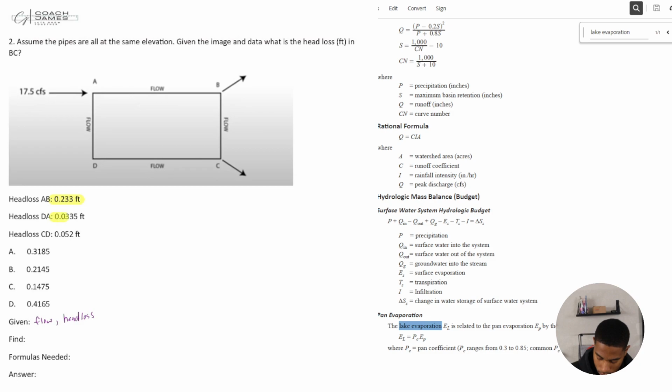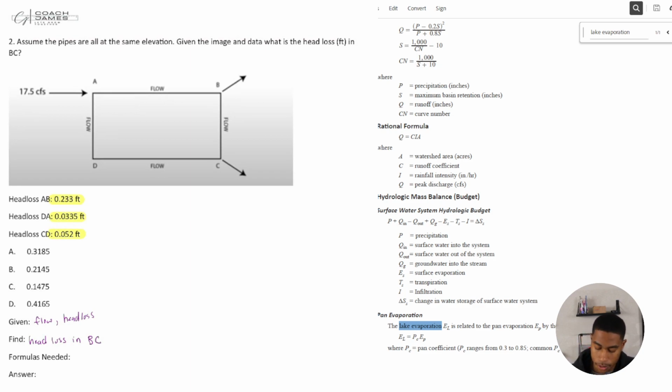That's 0.0335, and then they do the same thing for the span from C to D. Okay. All right, so what do we need to find? We need to find head loss in B to C.